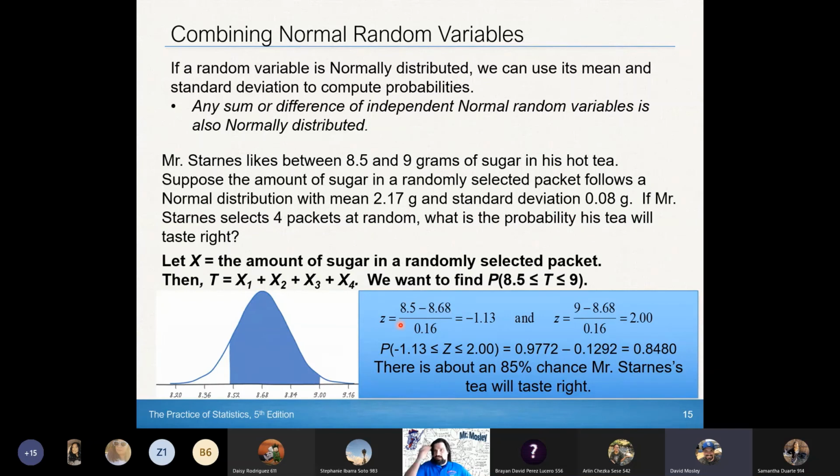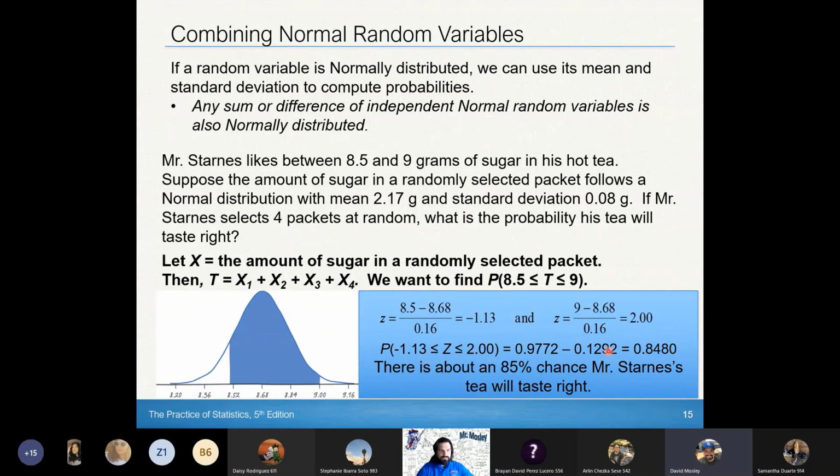We first need to standardize our lower and upper bounds, right? And we end up with negative 1.13 for the lower bound and 2 for the upper bound. The probability of Z being greater than or equal to negative 1.13 and less than or equal to 2.0 is 0.9772, which would be the probability of having a Z less than or equal to 2, minus 0.1292, which is the probability of Z being less than or equal to negative 1.13.